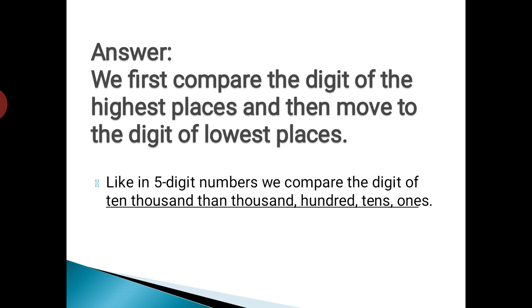For example, in 5-digit numbers the highest place is 10,000, so we first compare the digits present at the 10,000 place. Then we move on to 1,000, then 100, then tens, and then finally ones. Whichever digit is greater, that whole number will be greater.